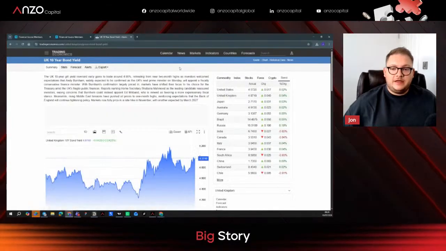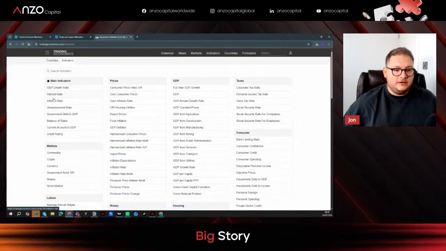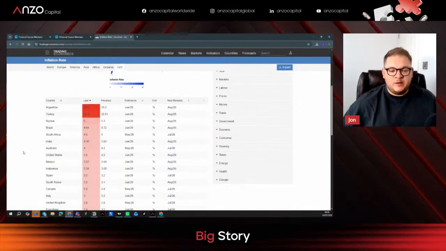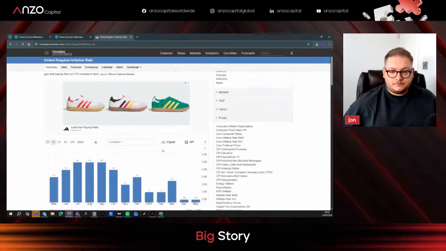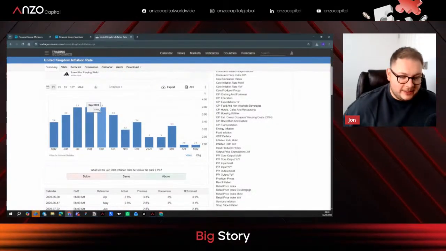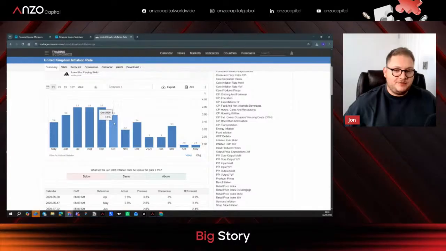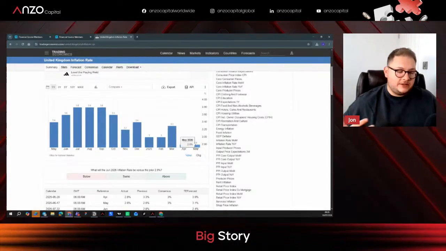Now, if we take a look at the United Kingdom indicators and the inflation rate in the UK at the moment, it was coming down. The highest point we saw was 3.8% in 2025. Since then, it has declined significantly, and we're at around 2.8%.